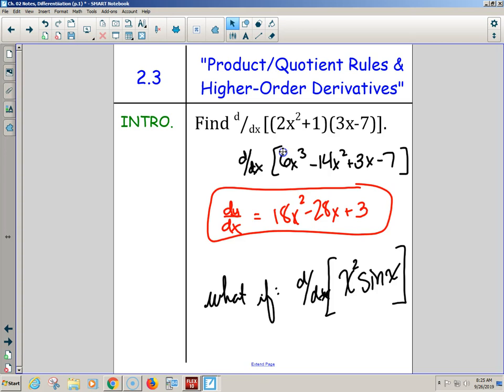You can't rewrite it. I mean, you can. x times x times sine of x. You do something illegal like x squared times sine, and I don't even know what you're going to do. So you have your tangent problem. You're stuck, right? So can you rewrite every single product to be a sum or difference?